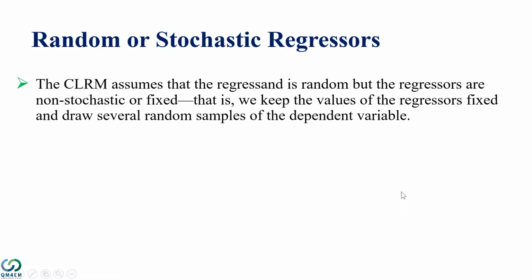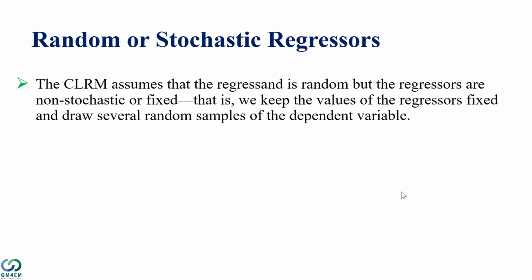The classical linear regression model assumes that the dependent variable or regressand is random, but the regressor or explanatory variable is non-stochastic or fixed. That is, we keep the value of the regressor fixed and draw several random samples of the dependent variable. So this is the assumption of the classical linear regression model. For reference, you can switch back to the lecture where we discussed the assumptions of the classical linear regression model.